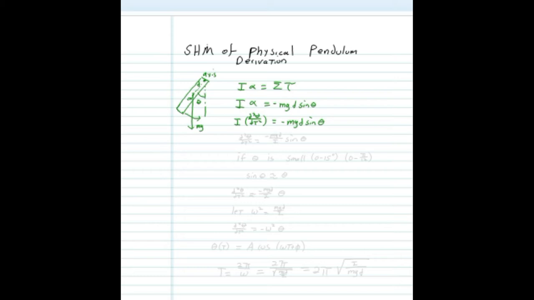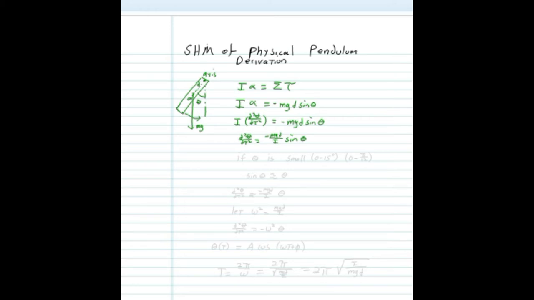I'm going to divide both sides by I. So I get this expression. So we have a situation where the second derivative of theta depends on the sine of theta.